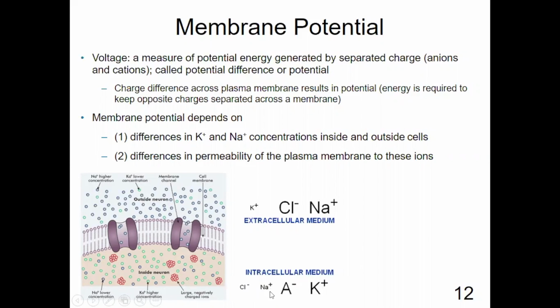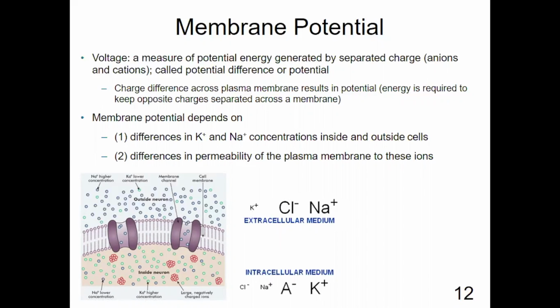There is a little bit of sodium, or Na+, and there are plenty of proteins that are negatively charged, which is represented by this letter A. Outside the cell, or extracellularly, there is a predominance of chlorine, which is negatively charged, and sodium, which is positively charged. There is a little bit of potassium outside the cell as well.